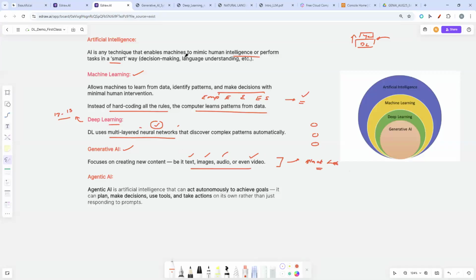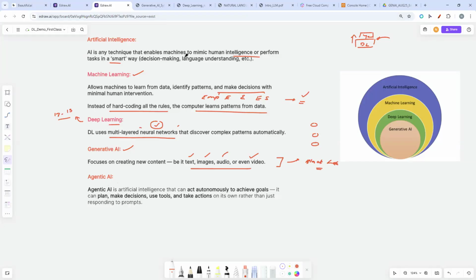So black hole or chemical analysis, or different types of vaccines for deadliest diseases, generative AI is doing wonders in those kinds of domains. So do not think that generative AI is all about text, images, audio, or even video.